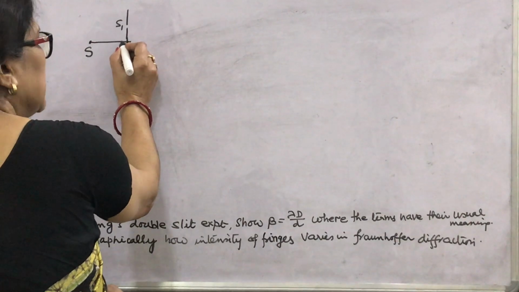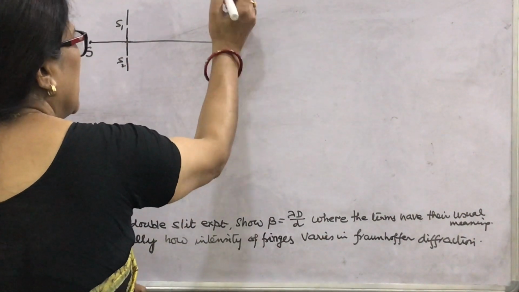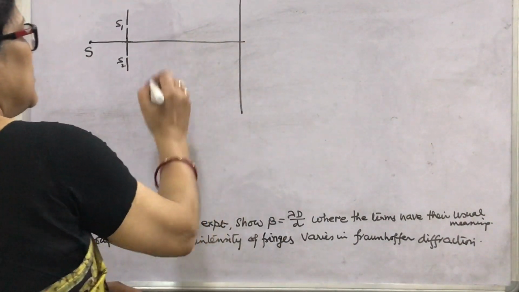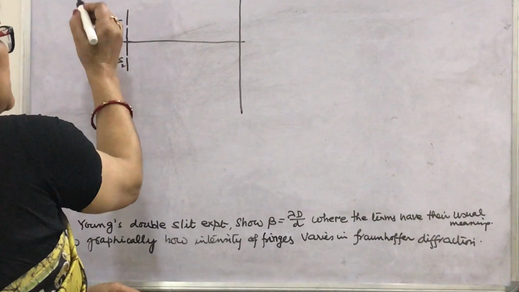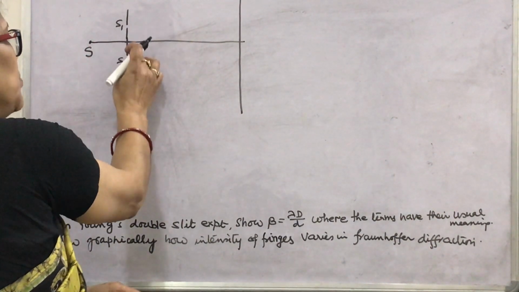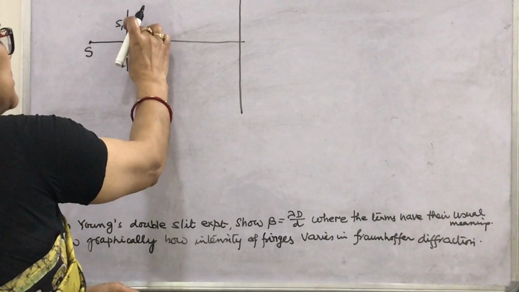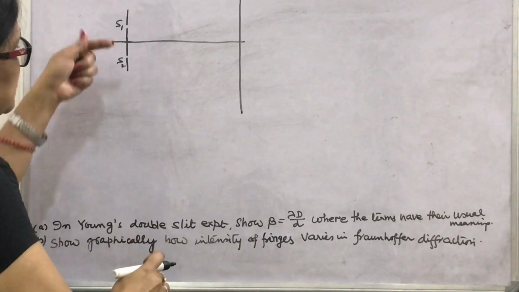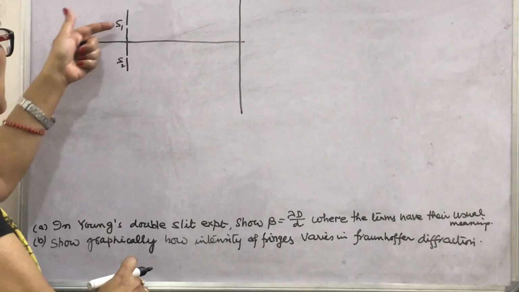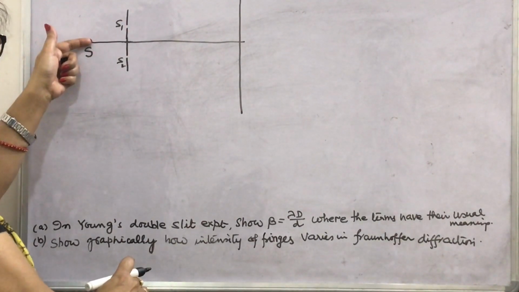What happens is that at the screen we obtain the fringes. The light is coming from S, but except for these two fine slits S1 and S2, all these portions are opaque. These two are derived from the single monochromatic source, and this source is situated at the right bisector of them.